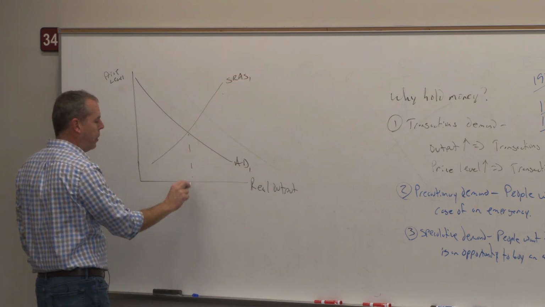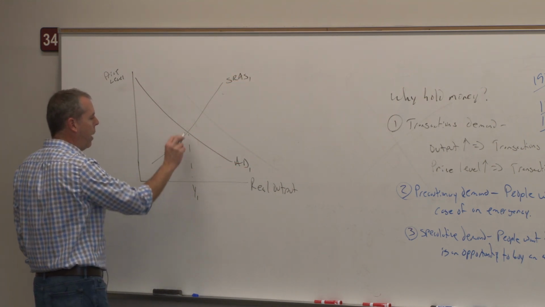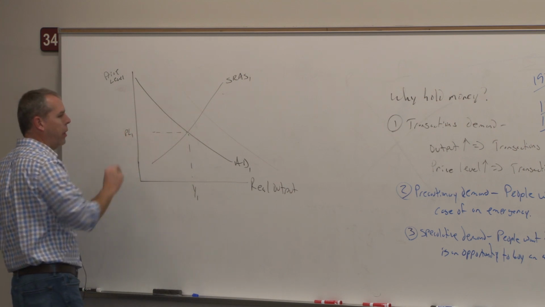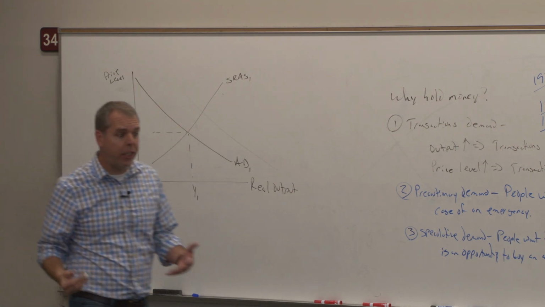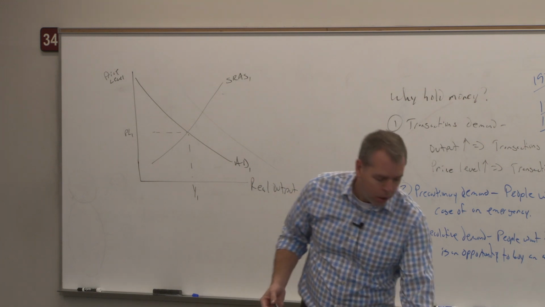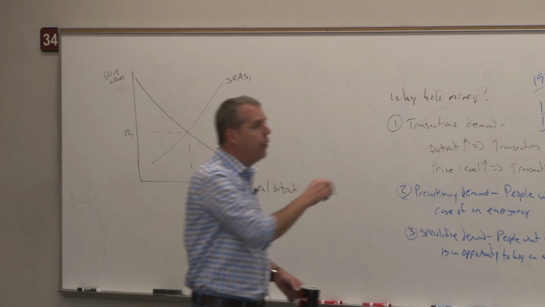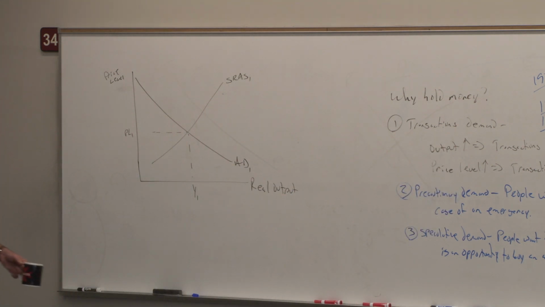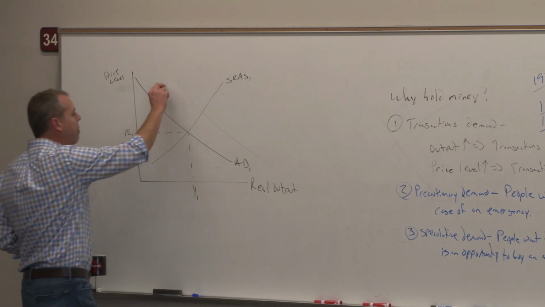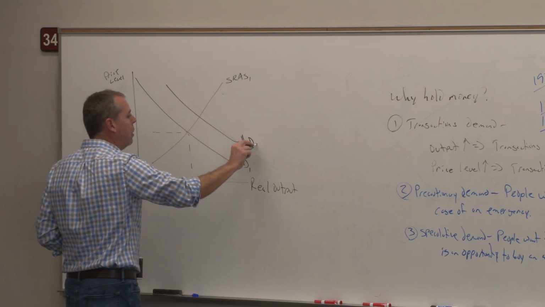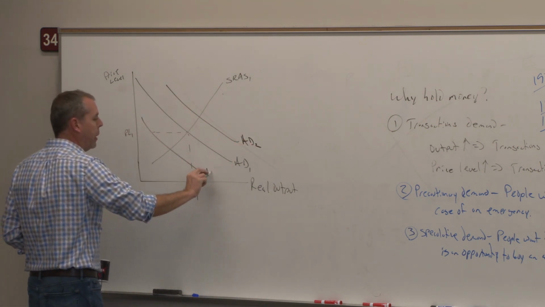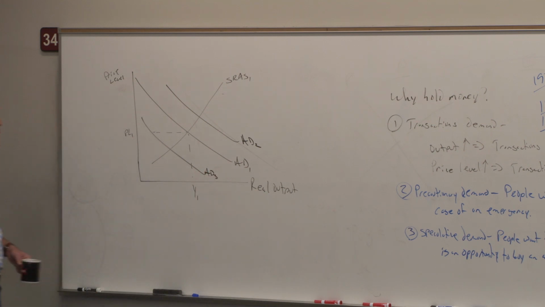All right, so here you are, you're just at some output level, just say Y1, you're at some price level, say PL1. When we see these changes over here, they impact interest rates, and those changes in interest rates can make aggregate demand do this or make aggregate demand do this. In other words, it's not just fiscal policy that moves these aggregate demand curves. We can have changes in the money supply that also changes the aggregate demand curves.